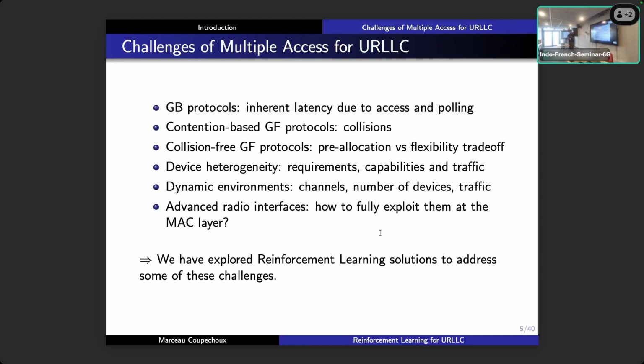So what we have done is explore some reinforcement learning solutions. Reinforcement learning is a big domain, with some drawbacks and some advantages. We have investigated how we can leverage its advantages.